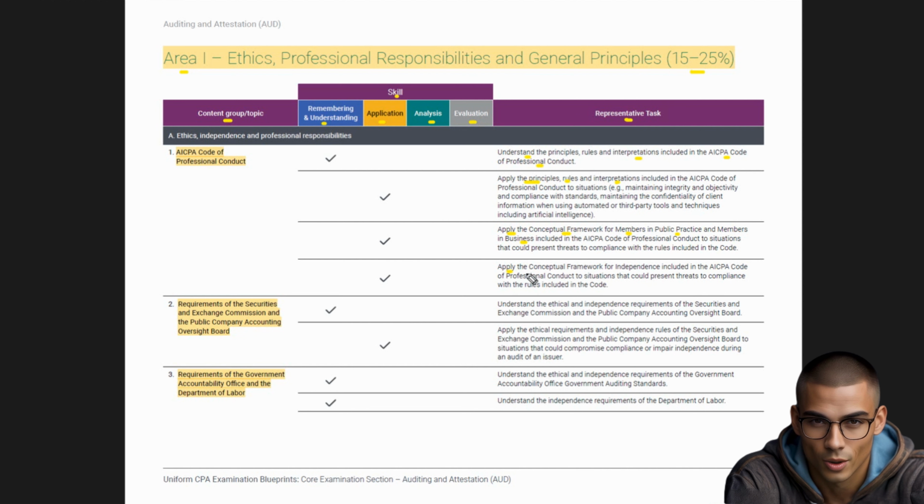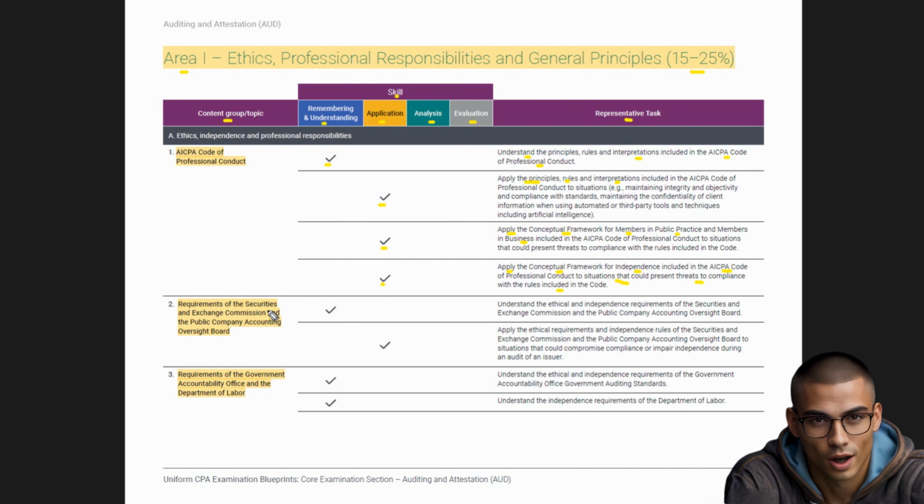You're going to need to be able to apply the conceptual framework for independence included in the AICPA Code of Professional Conduct to situations that present threats to compliance with the rules included in the Code of Professional Conduct. And we can see here that for these representative tasks, the first one is a remembering and understanding task, whereas the other ones are going to be applications. So you're going to need to know how to apply these representative tasks.